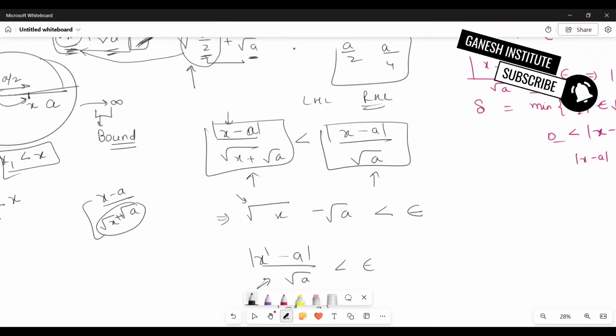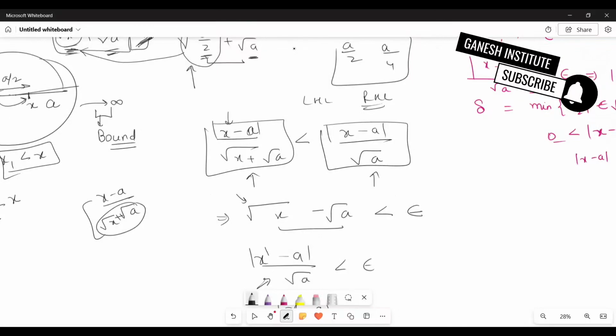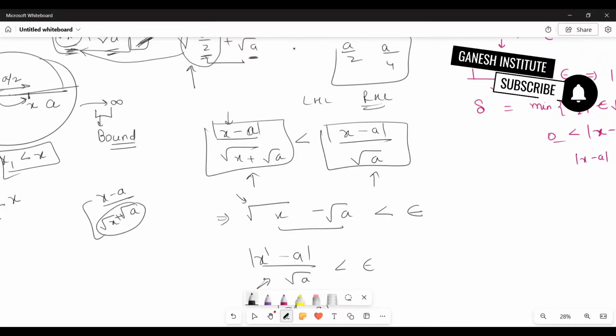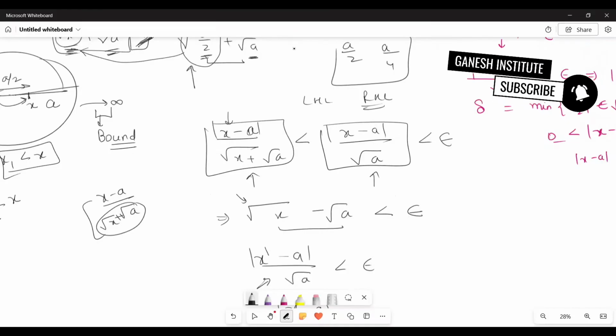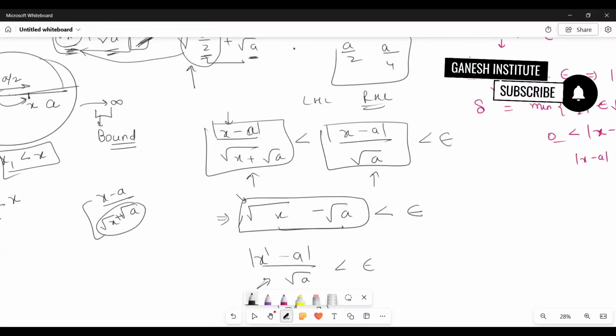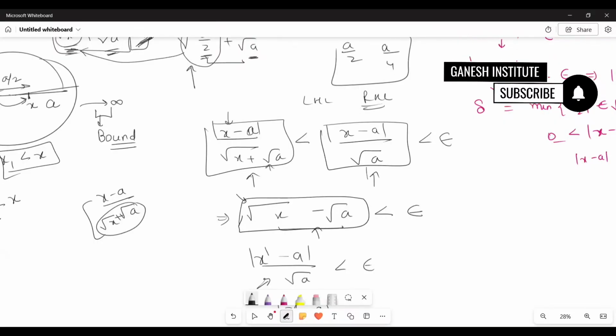And epsilon is greater than root x minus root a. So that means this value, epsilon, is greater than all of them. This value is smaller than all of the denominators.